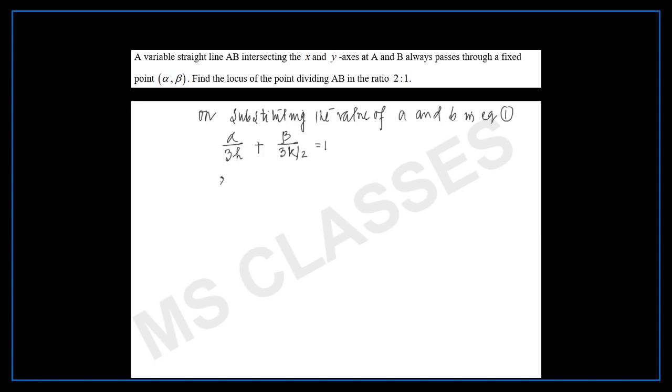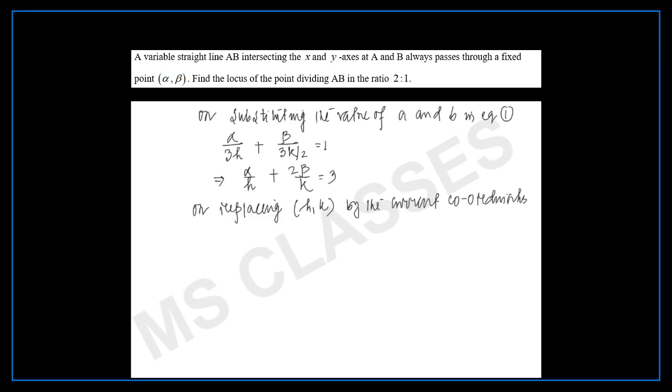Now if we simplify, what we get? We get alpha by H plus 2 beta by K equal to 3. Now we need the locus of the point, so we replace H and K by the current coordinates, the variable coordinates x comma y.